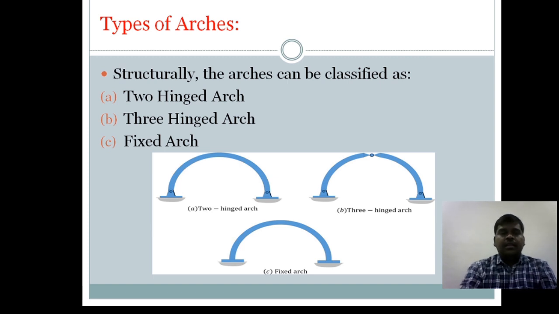In the figure we know what a two-hinged arch is. Here this is a springing and this is also a springing. So there are only two hinges for an arch construction. So that is the reason we are calling it a two-hinged arch.